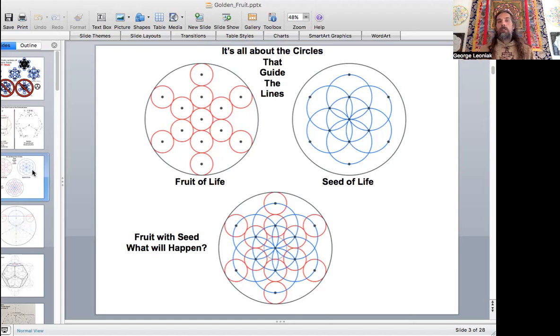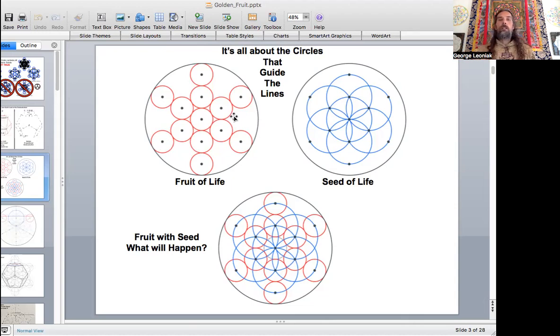It's always an exploration for me to see how circles relate with one another, and then how that creates the nodes for the lines to create different opportunities to create hidden mysteries and gems that can be discovered within these templates. So I'm going to show you later on in the video how I came to this discovery, but I'm going to break it down this way and start with the fruit of life and the seed of life.